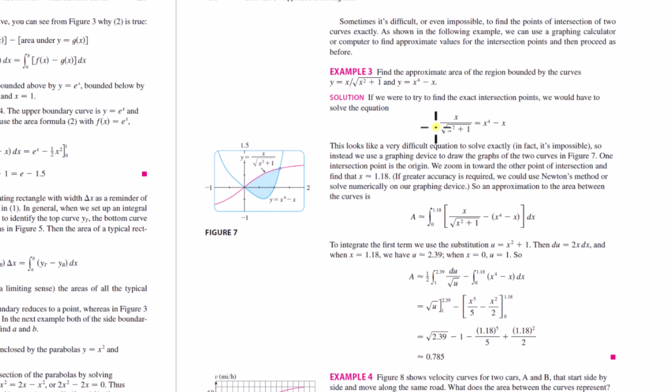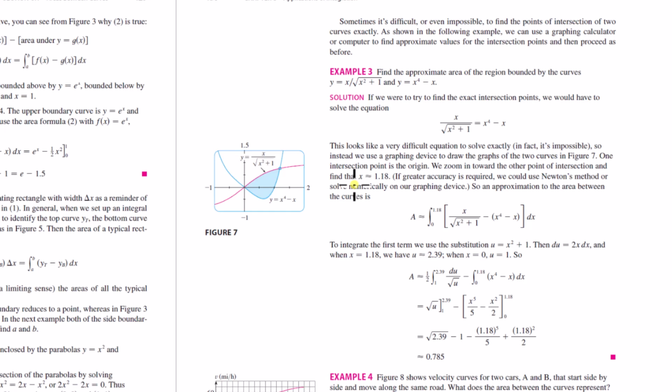It's like Newton's method, which we didn't go into explicitly, but this would be a perfect scenario for a numerical method, and you could get these points of intersection to whatever accuracy you want. Here, there's just 2 decimal places, but you could do 5 decimal places, whatever. You just can't get a literal exact answer, mathematically exact, right?